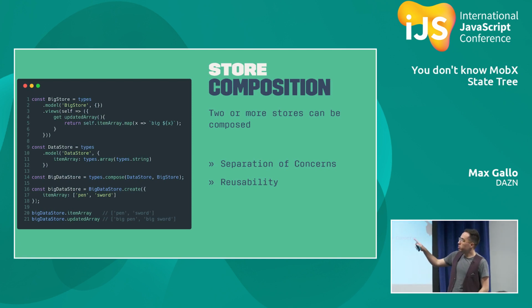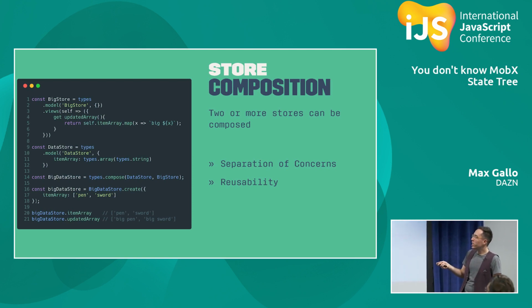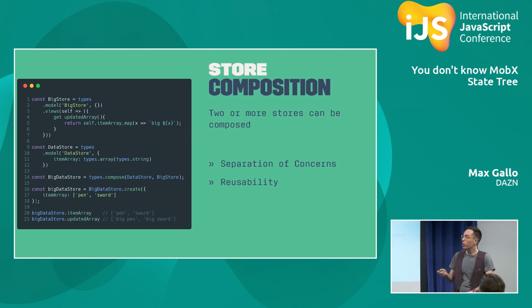In this case, we have the big store on the left, which has only one computed value, updated array, which takes something called self.itemArray, maps through it, and adds the word big to whatever comes out of that array.